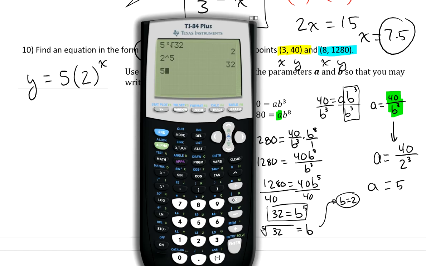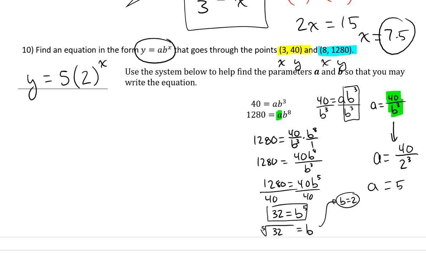Check it out: 5 times 2 to the third power gives me 40. And if I use 8 for x, I should get 1,280. 5 times 2 to the 8th power gives the 1280. So definitely this is the equation of an exponential curve that goes through those 2 points.